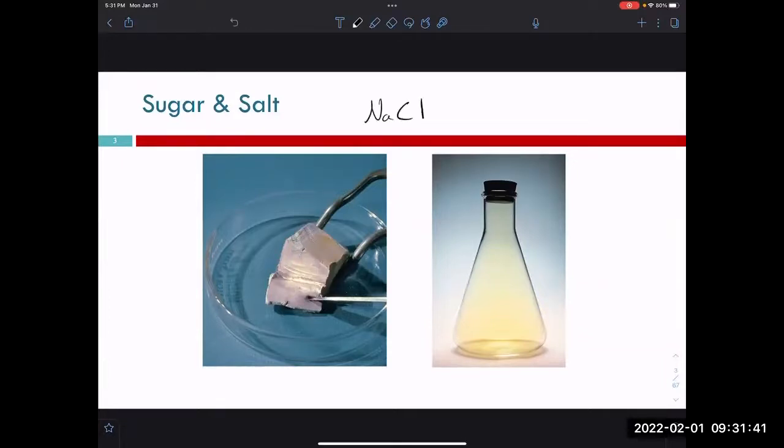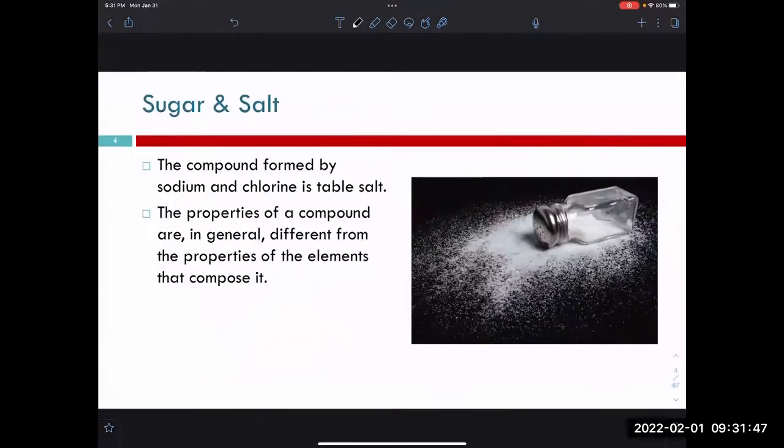So when combined, they're table salt, which is delicious. So combining atoms together can completely, and most of the time does completely, change their properties. Sodium and chlorine combined to sodium chloride gives it different properties.